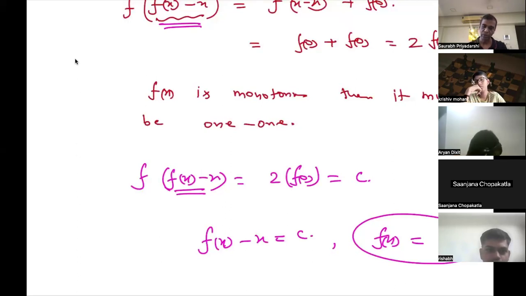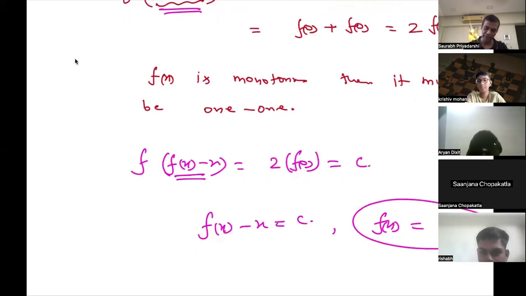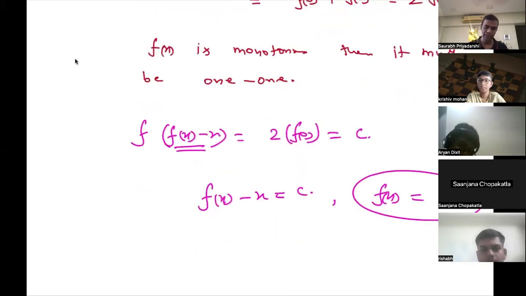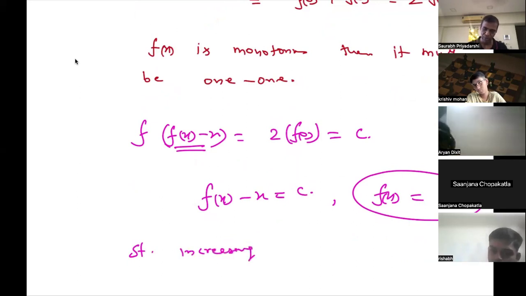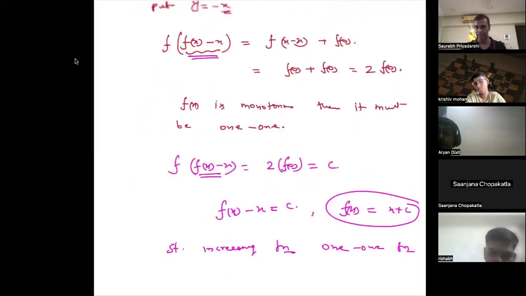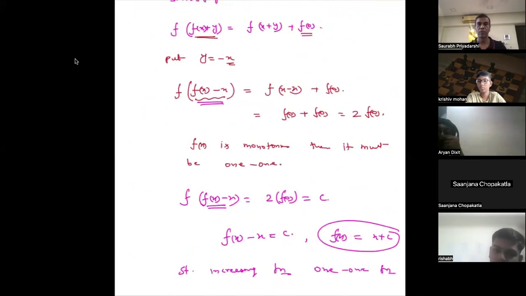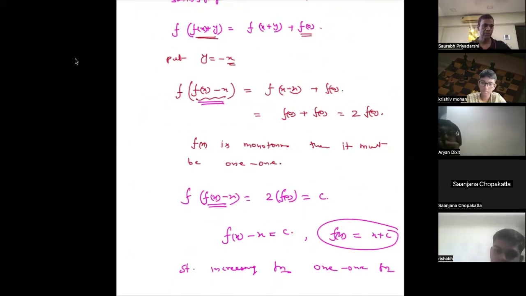So this function is a monotonic, strictly increasing function, and one-to-one also. So this satisfies my given conditions. Is this okay?